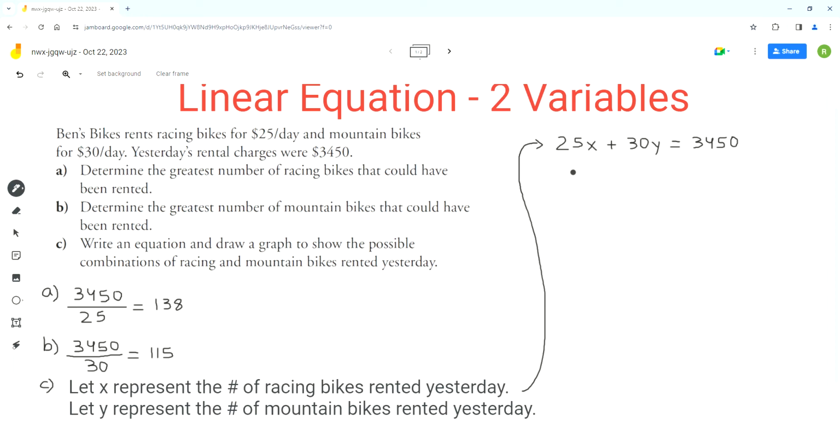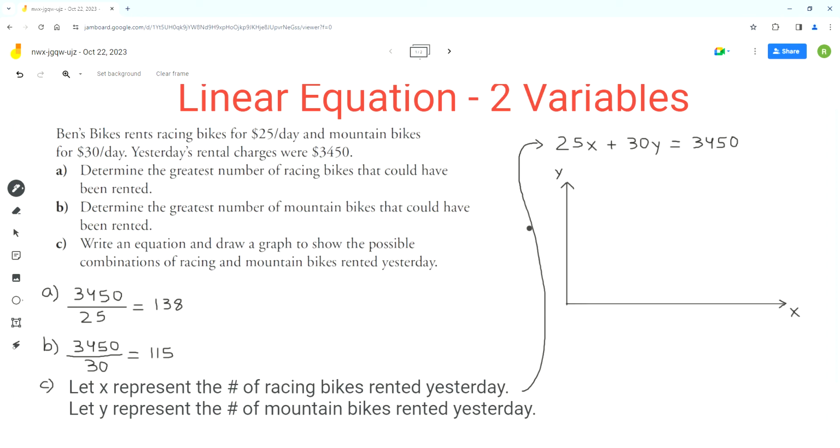Now we have to graph this equation. So for that, we'll have to draw the grid. Now in this case, the variables are x and y. So x here represents the number of racing bikes and y represents the number of mountain bikes.